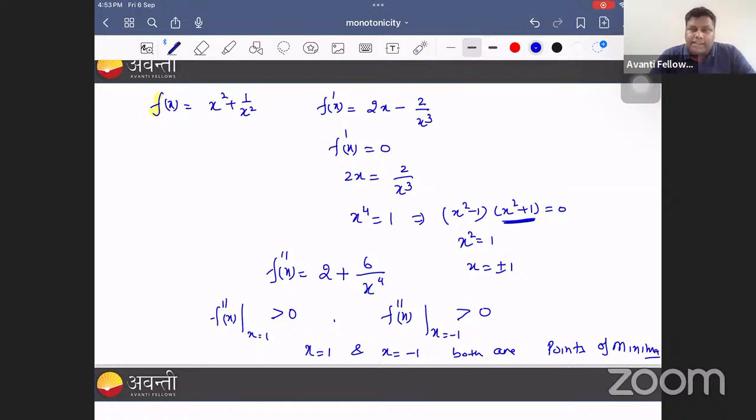But here, there are only 2 points where maxima or minima can occur, and x equals 1 is a point of minima as well as x equals minus 1. How can this happen? Anybody, switch on your mic and reply. How is it possible that x equals 1 and minus 1 both are points of minima?